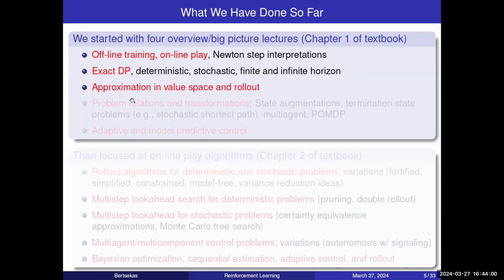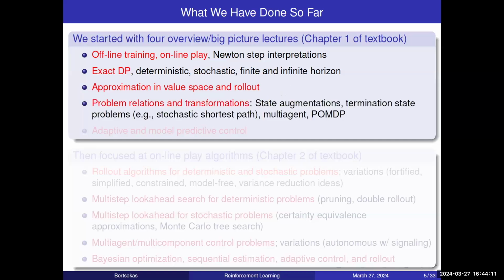After that, we cover the main workhorse of this course, which is approximation in value space and rollout. And from a practical matter, when you are presented with a practical problem, if the methods of this course apply, you need to translate that into a mathematical problem.